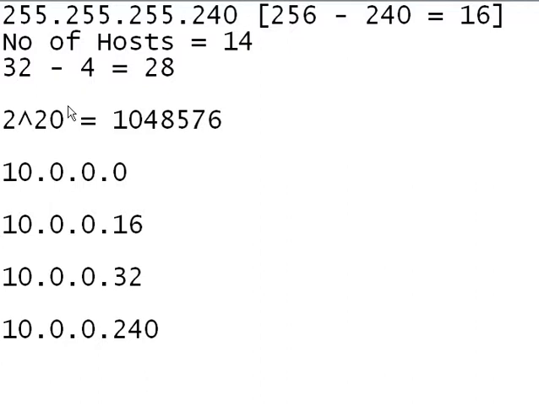If you add 240 plus 16, it is 256, which means 255 plus 1 gives 0, then 1.0. So that is how you are getting it.